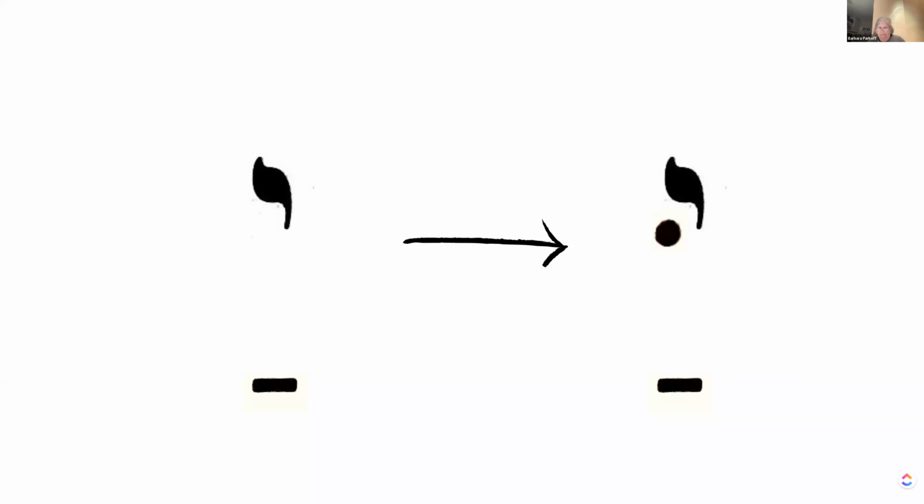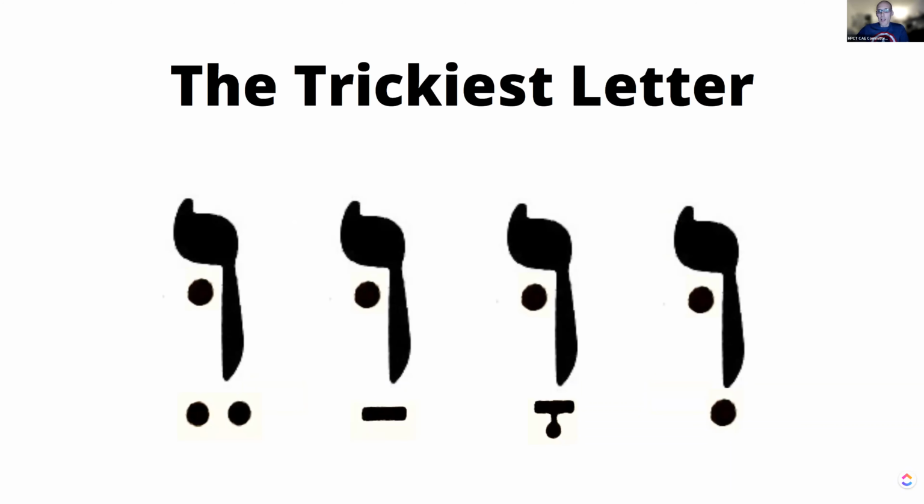Here's one more. Exactly. Okay, and we also looked at this one because we said it was tricky. With the dot in it, this vav can still sound like v as long as it has another vowel.